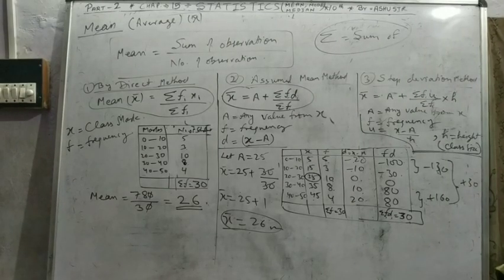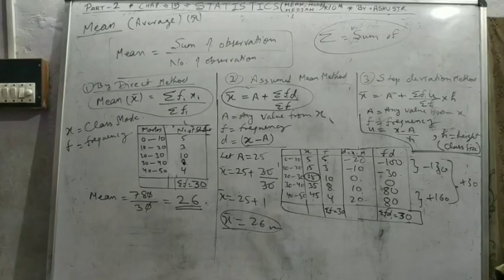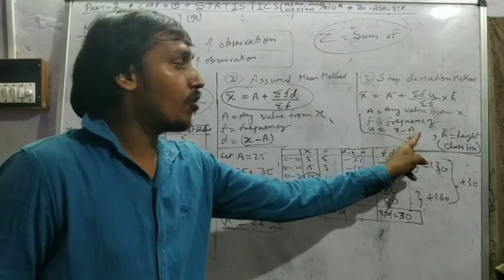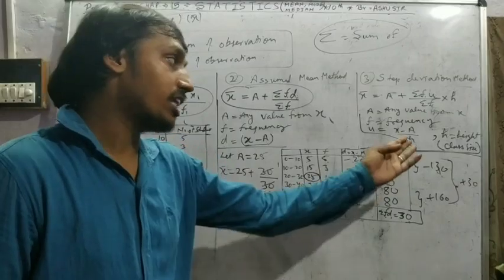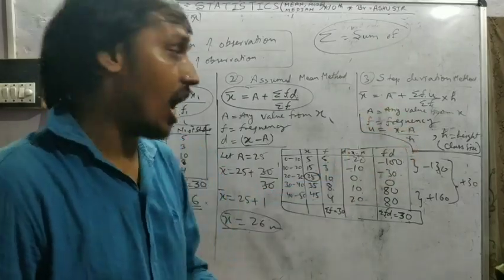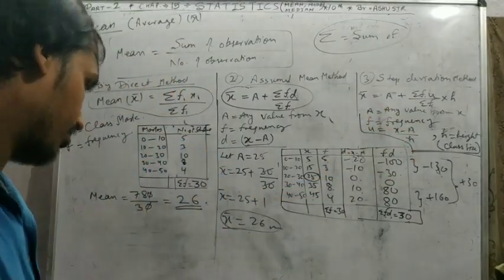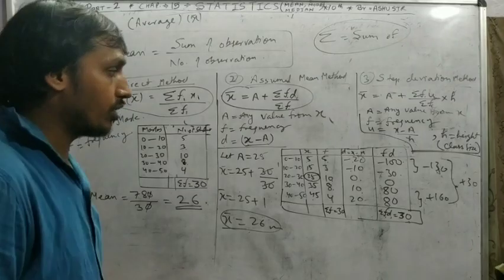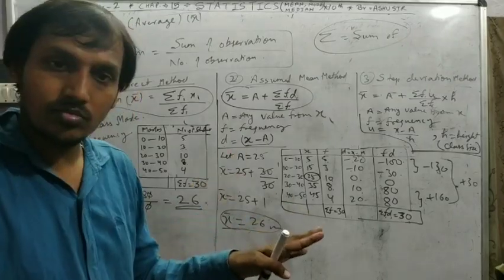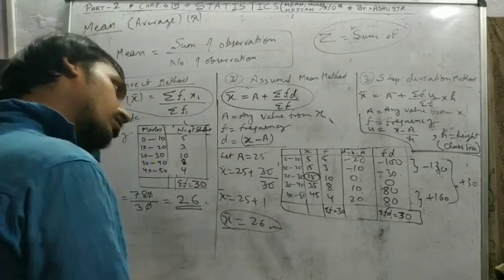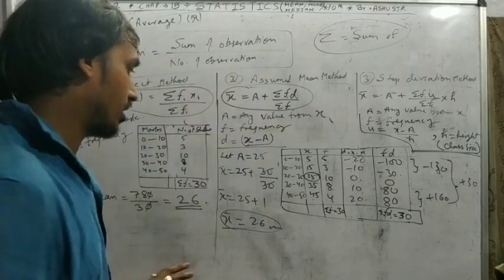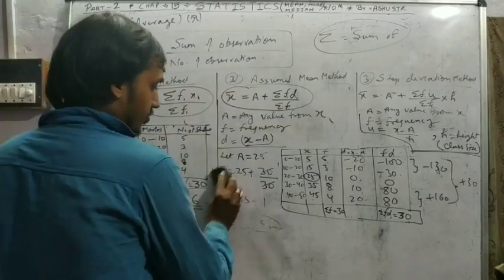Means u is d upon h, and h is the height of the class. We take the same table, same question, but solve it by the step deviation method. So you can rough this.